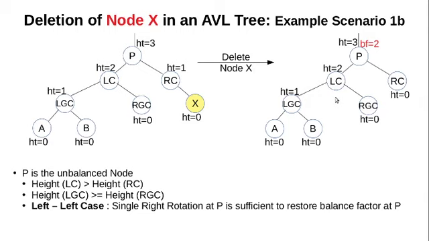As P is left heavy and its left child LC is also left heavy, this is the left-left case, and a single right rotation at P is sufficient to restore the balance factor in the permissible range of -1 to 1 in this subtree.